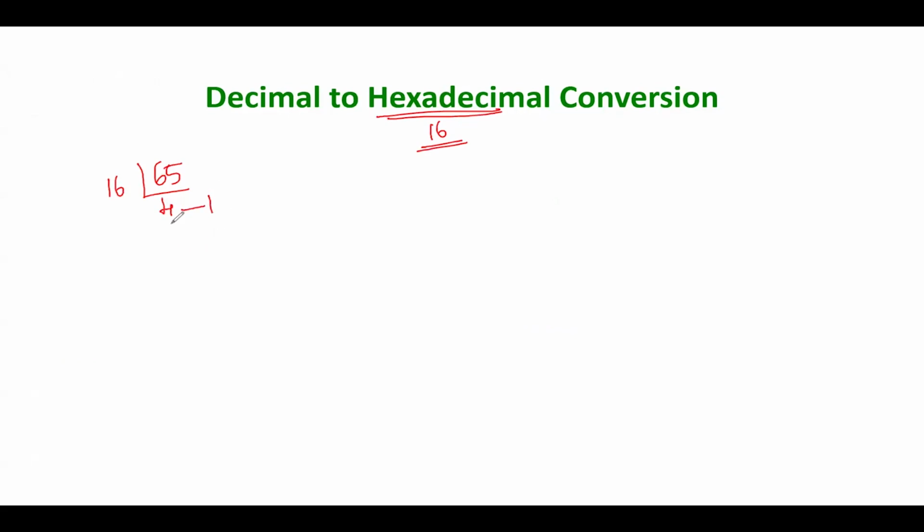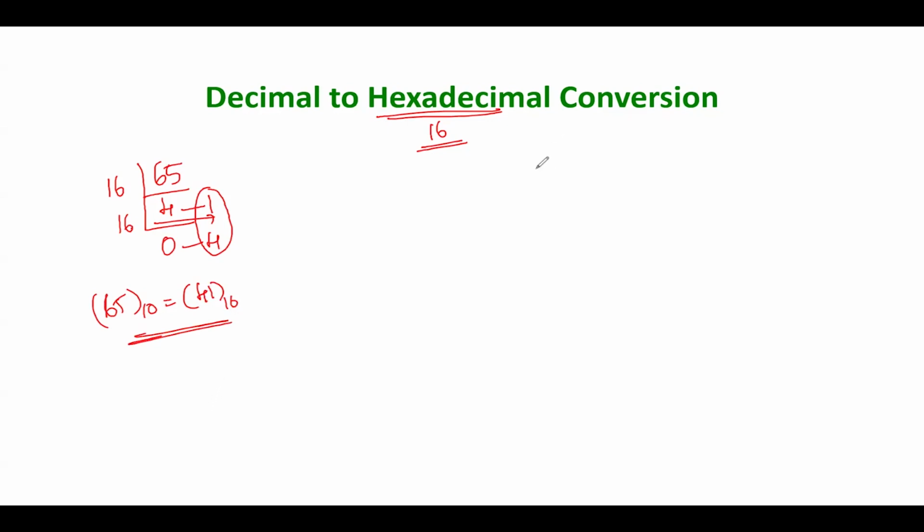Since it is 4, I can end here. Or else, if you want, you can further divide: 16 divides 4 0 times and 4 is the remainder. Otherwise, you will write it in this order. So 65, which was in decimal, can now be written as 41 in hexadecimal. This is the conversion.